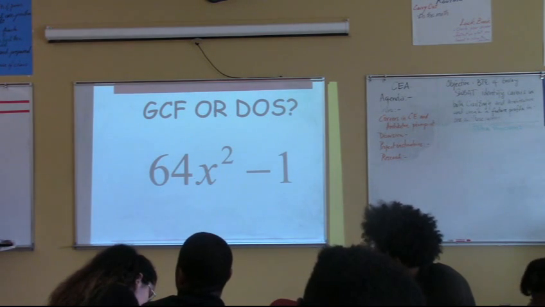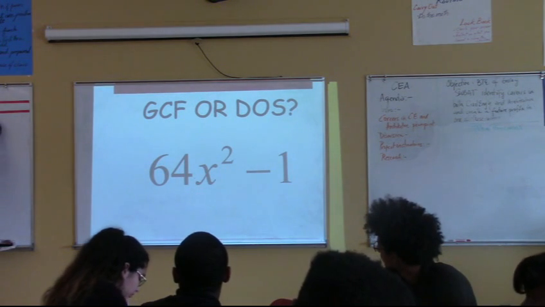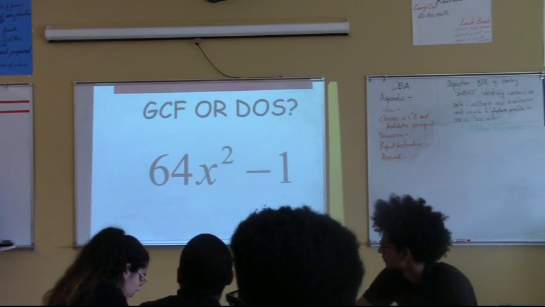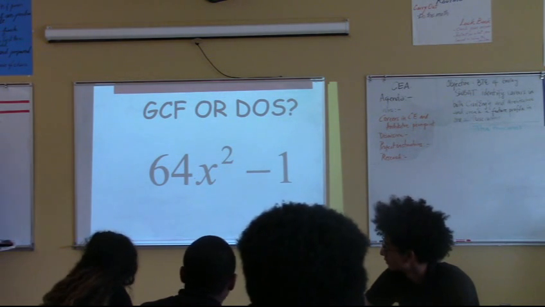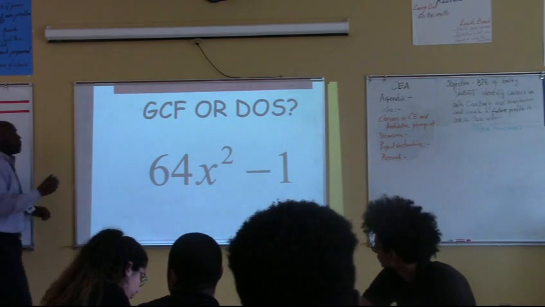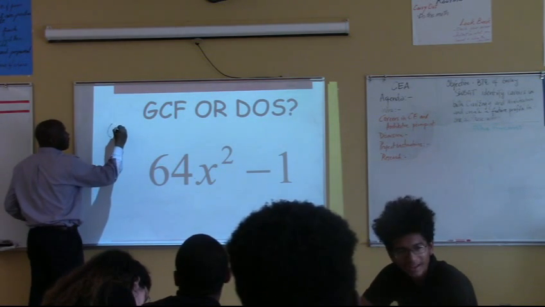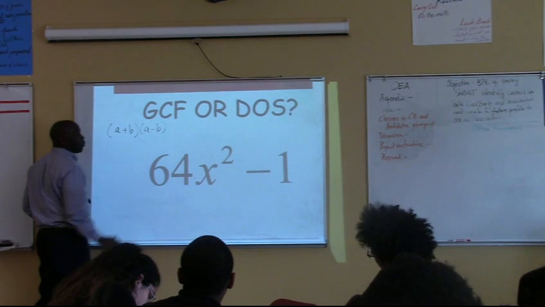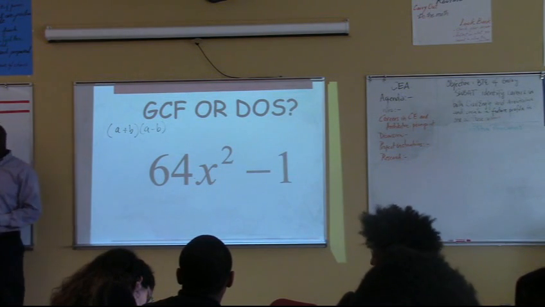Difference of squares? All right, so if we work it out with difference of squares, what do we get? Remember, we have a plus b times a minus b. So when we work it out, what do we get as our solution?